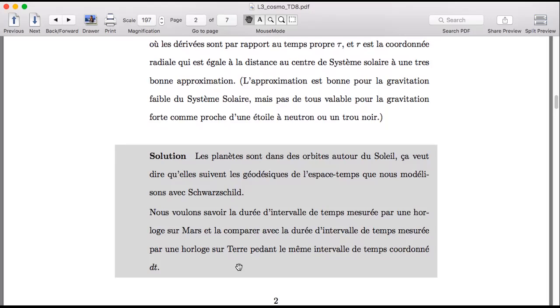For instance, in the Italian clock experiments, those clocks are not following geodesics, right? They're just sitting there with fixed spatial coordinates on the Earth, either in a lab in Torino or on top of a mountain in the Italian Alps.